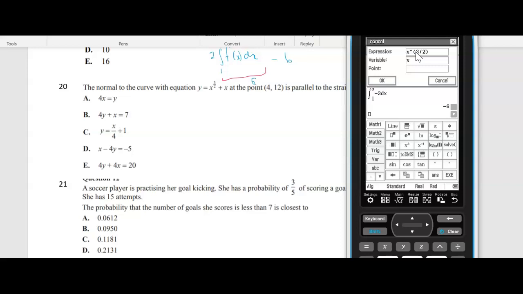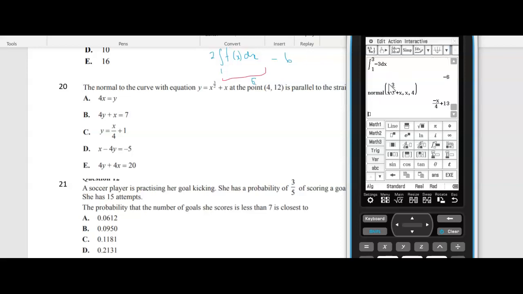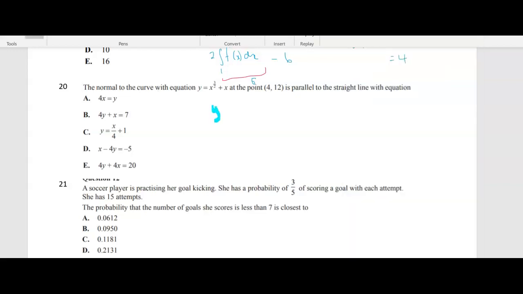3 on 2 plus x. The variable is x, and the point is just the x coordinate, so it's going to be 4. All right, so there's my normal equation. So y equals negative x on 4 plus 13.